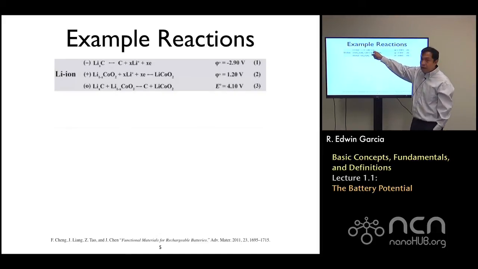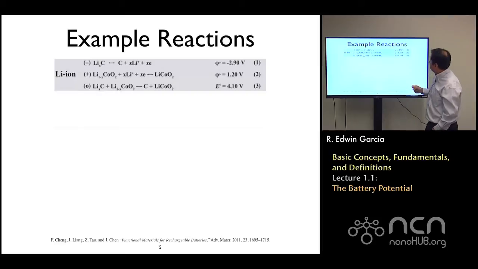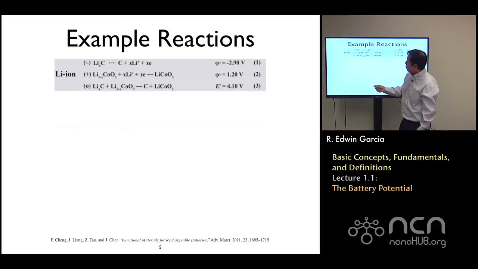Okay, and that reaction with respect to a hydrogen reference gives me a value of minus 2.9 volts. You can think of it as being a very negative voltage with respect to hydrogen.